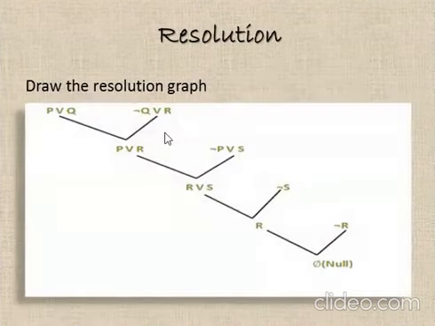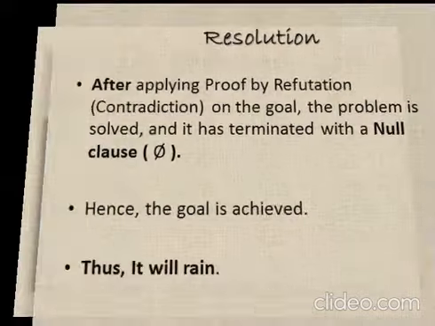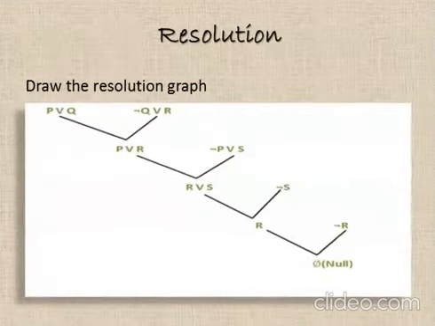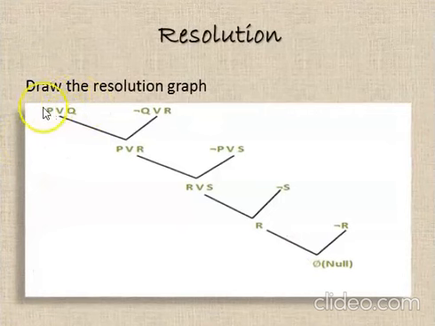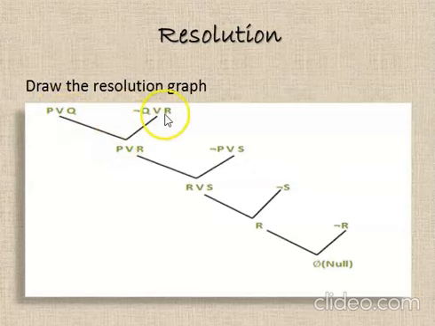Now we have to construct a graph which is known as the resolution graph. So this was our first statement in CNF. This was our second statement, and while combining these two conjuncts, we have to remove the complementary literals.